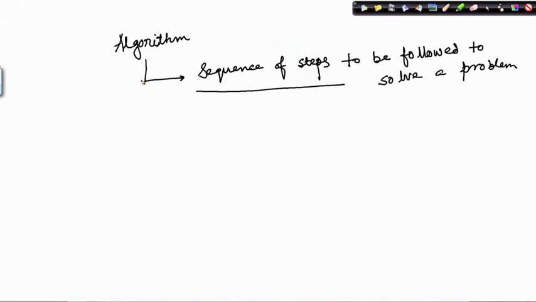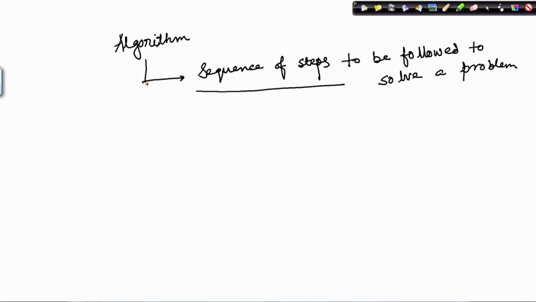So, obviously, a program is the final form of expression of the sequence of steps that we want to reach. But even before that, a program is for communicating the sequence of steps to a computer, but even for our human exchange, we may like to express what are the steps to be followed.